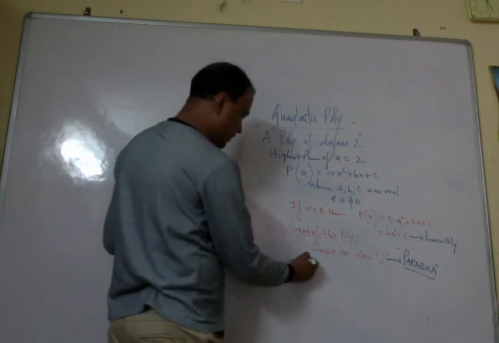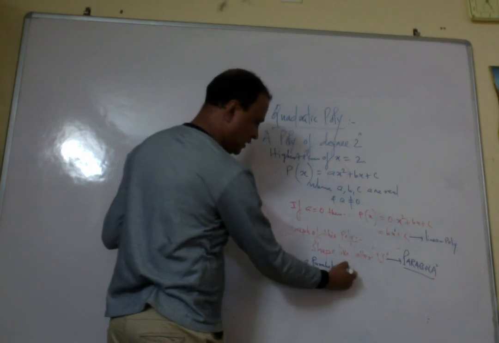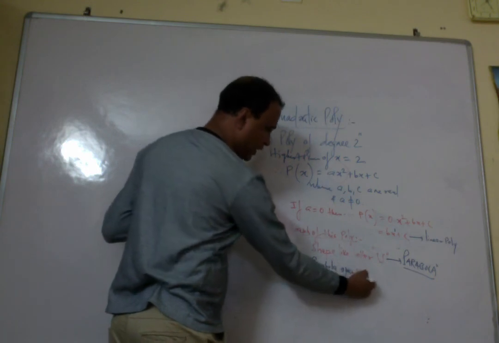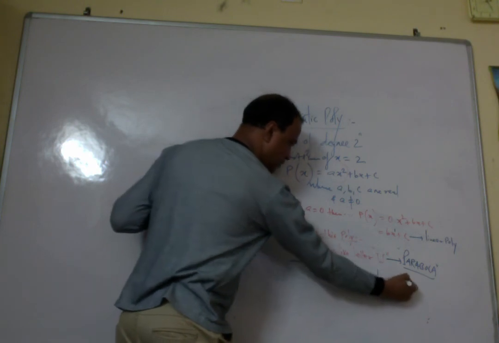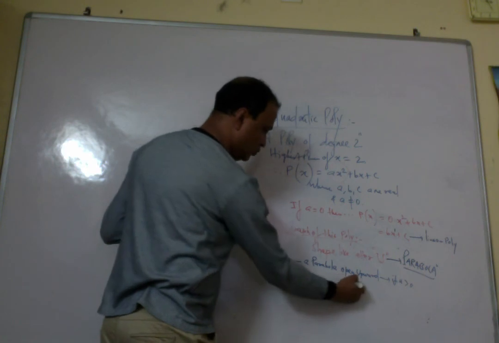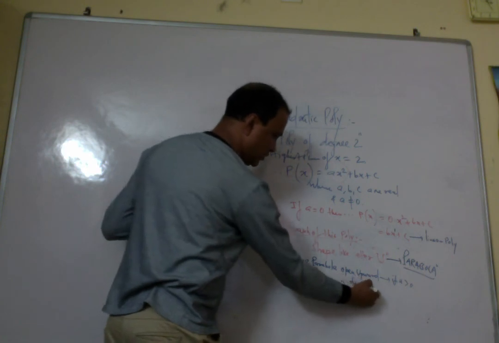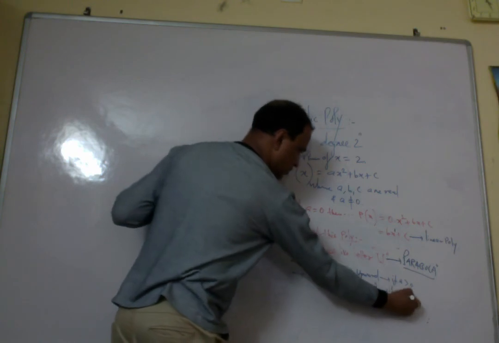It may open upward if a is greater than 0, and it may be a parabola open downward if a is less than 0.